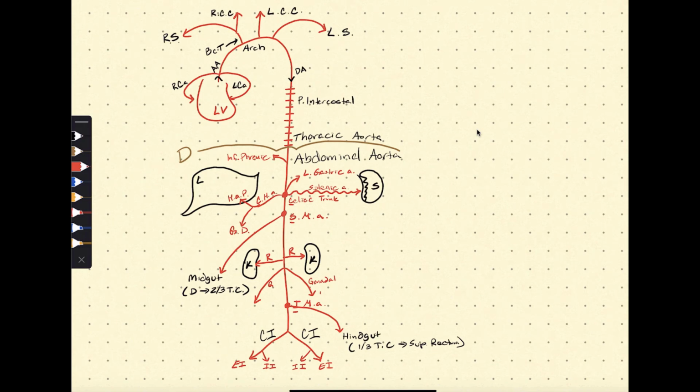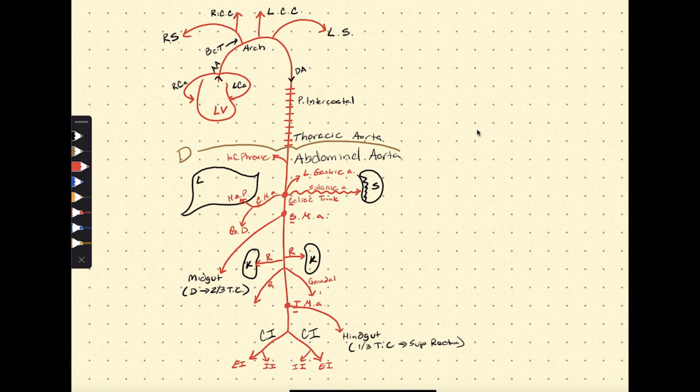Things like the branching pattern of celiac, superior mesenteric, inferior mesenteric will be in a follow-up tutorial, as well as branches from the subclavians, and also the branches of the common carotids, and potentially also the coronary arteries. So those, again, will have subsequent branching in a different tutorial.